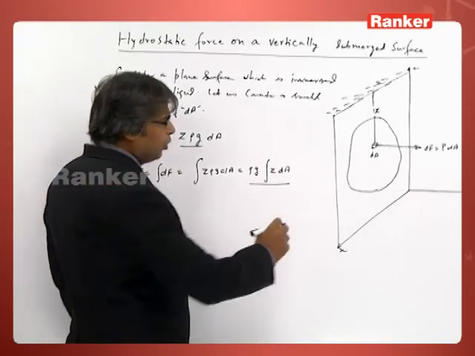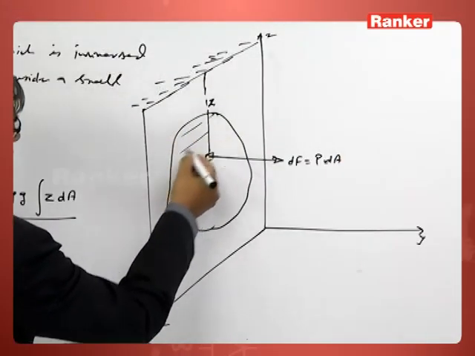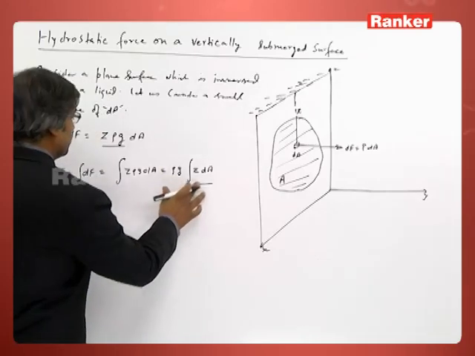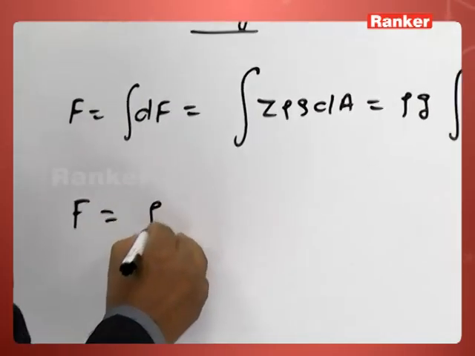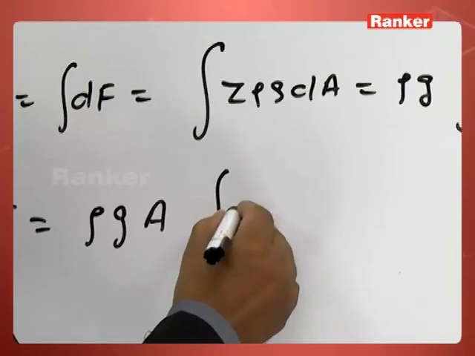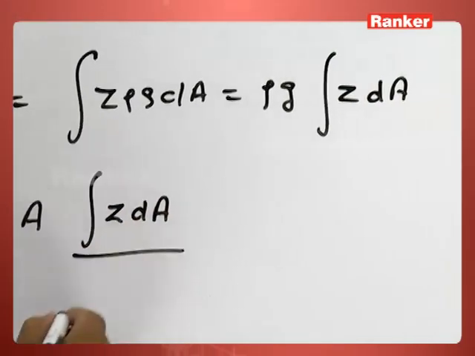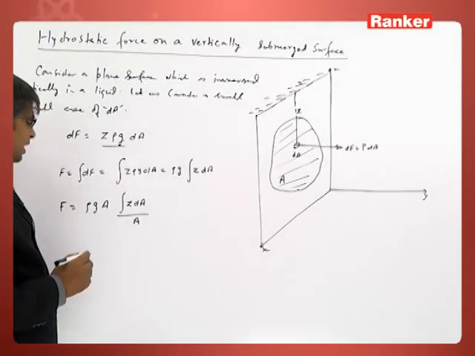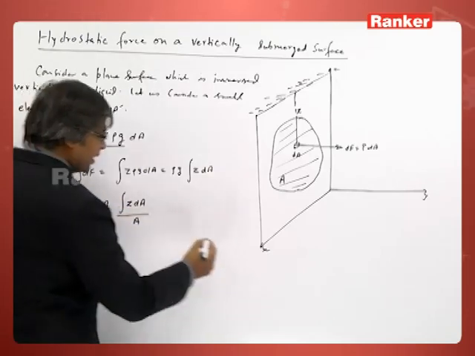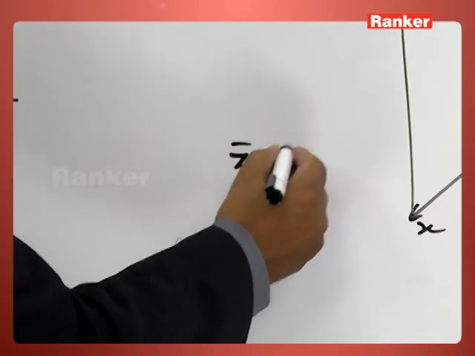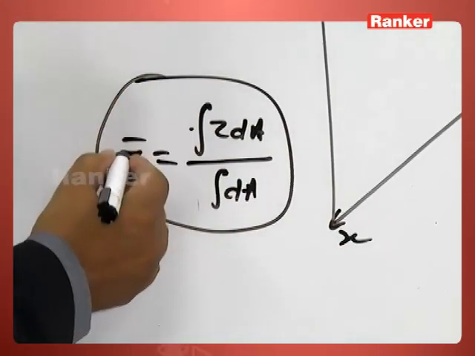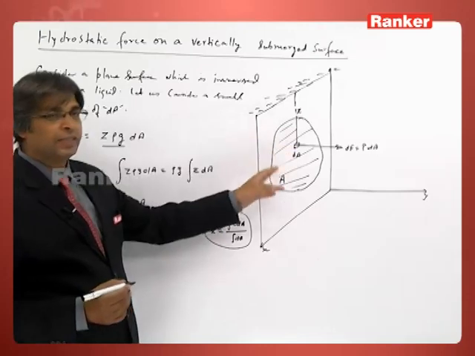Now suppose the area of the whole surface is denoted by A, then this F will be rho g A times the integral of Z dA divided by A. Now you see this term, we can write as Z bar, that is the integral of Z dA by the integral of dA, that is the Z coordinate of the centroid of this area.